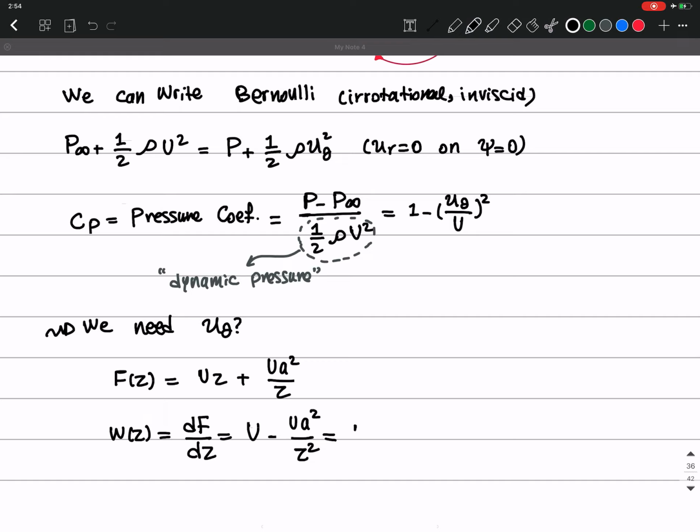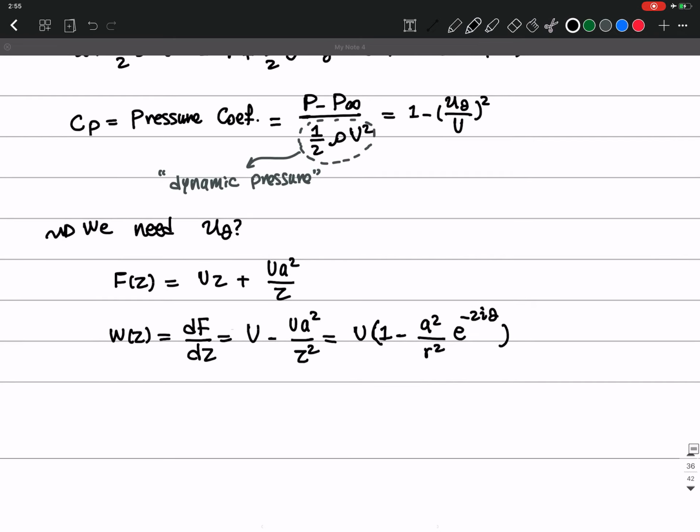If I factor U, it is going to be 1 minus a squared over z squared, and instead of z I can just write r e to the i theta, so it's r squared e to the minus 2i theta. I want to factor e to the minus i theta, so I can find U theta and Ur from here.